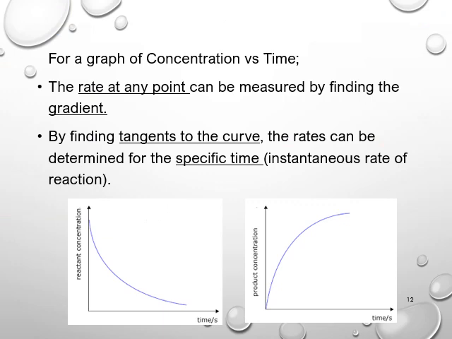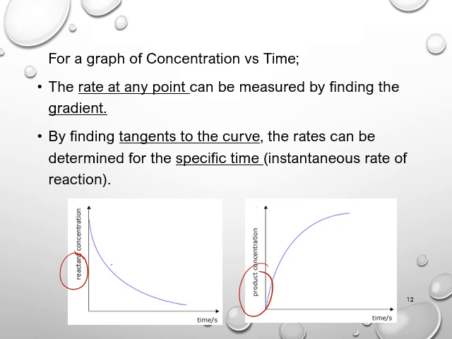For a graph of concentration versus time, the rate at any point can be measured by finding the gradient. These two figures show the typical concentration-time graphs for reactants and product. The rate at any particular time is given by the slope of the tangent drawn to the concentration-time curve. Let's say this is the reactant concentration versus time graph.